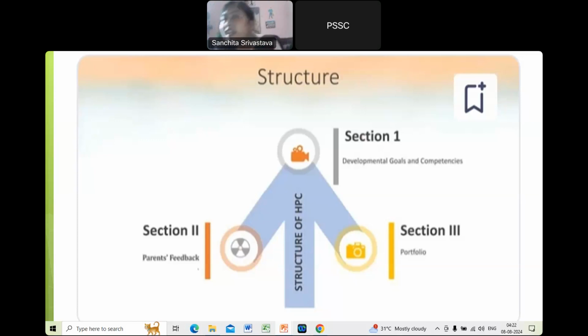Now here, the function of portfolio is what I said: you can check the progress, areas that have to be worked on together, areas that need to be considered a little bit seriously, and areas where the child can escalate and much higher scores can be achieved. So the achievable targets and the progress of the child come under section 3. So these are the three sections where the holistic progress card is to be saved.